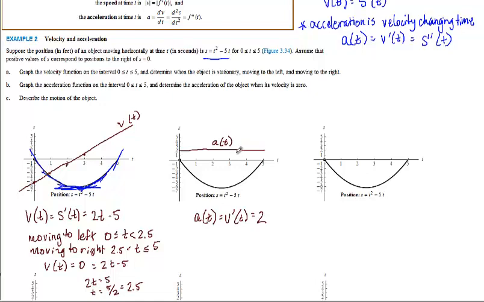The velocity is changing, but the acceleration is a constant. So it's determine the acceleration of the object when the velocity is 0. I don't care what the velocity is. The acceleration is always 2. This would be in feet per second squared, and your velocity is in feet per second.